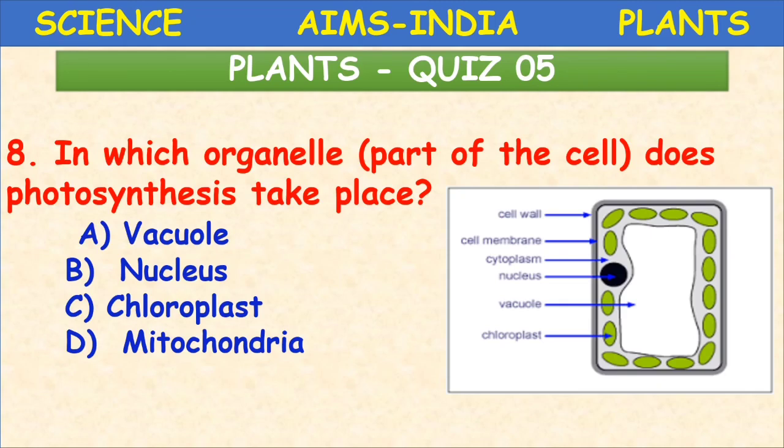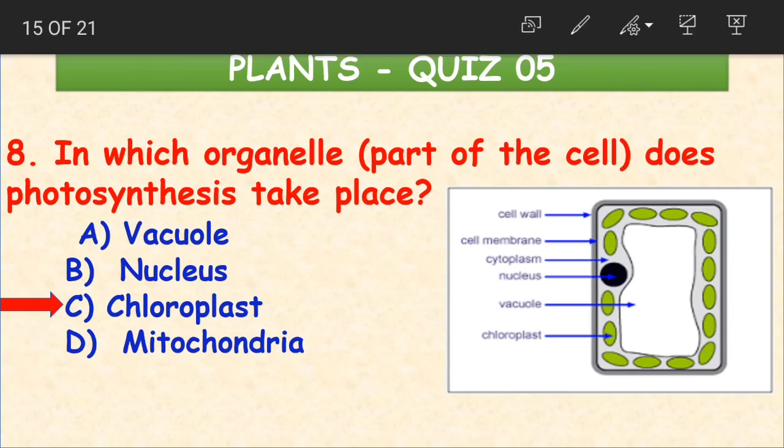This takes place in chloroplast. C option is the correct answer. Clear, children? So here in the diagram, this is a cell and this chloroplast is a part of a cell. So here photosynthesis takes place. Clear?